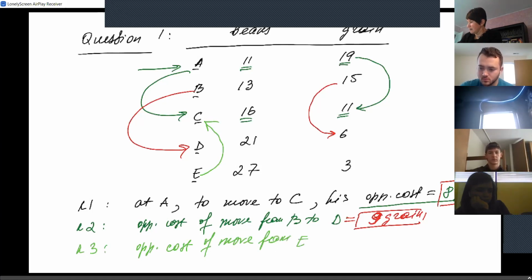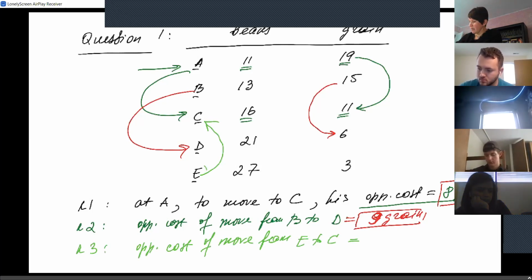From E to C. It would be 11 beans. Very good. This example works both ways. You either go down, A to B, B to C, C to D, but you also could go up. Again, what are we looking for? We're looking for a loss.